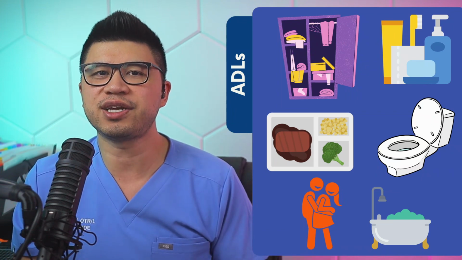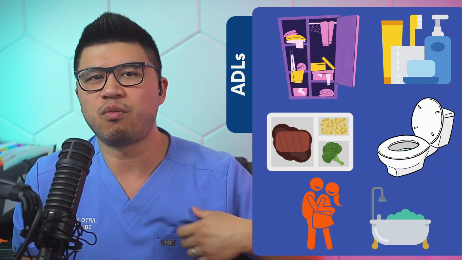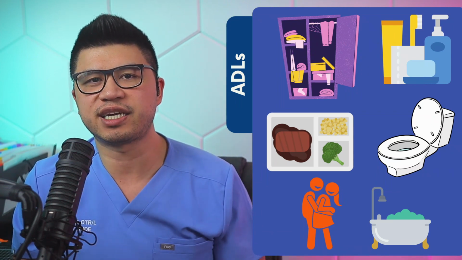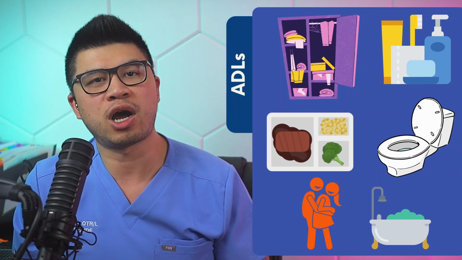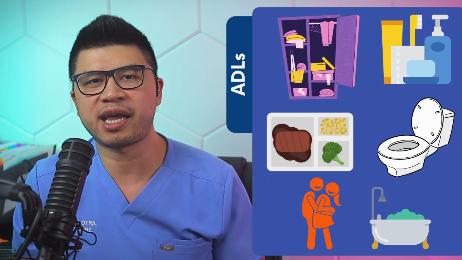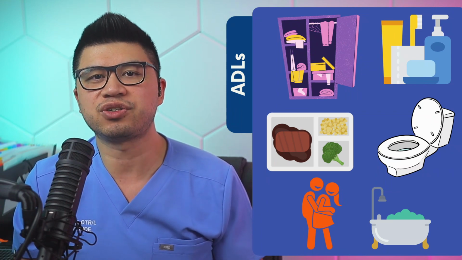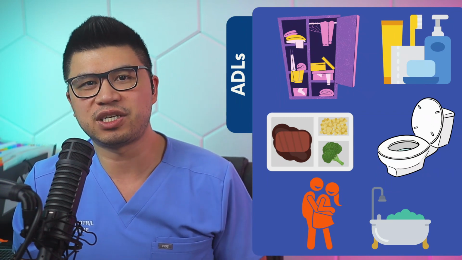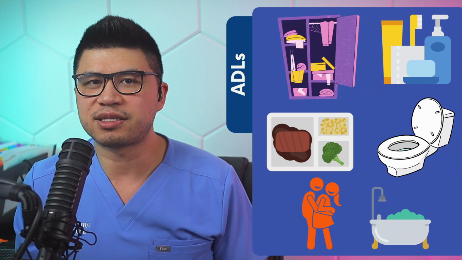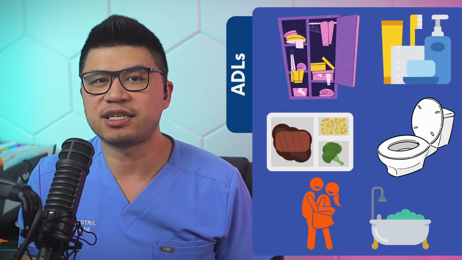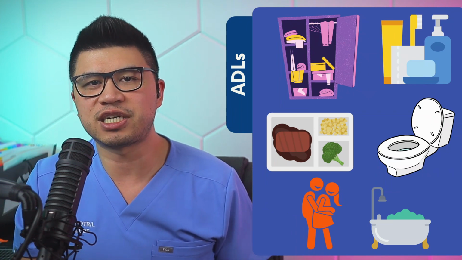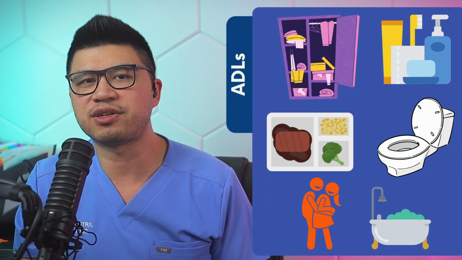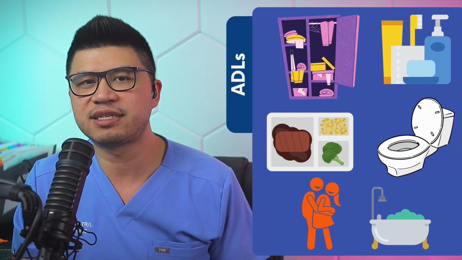And for dressing, you can teach the patient adapted one-handed or two-handed dressing techniques for shirts, bras, undergarments, pants, socks, belts, shoes, you name it. For self-feeding, you can address the position at the table, the types of foods they eat, the utensils, plates, or adaptive devices such as plate guards can be used, or rocker knives.